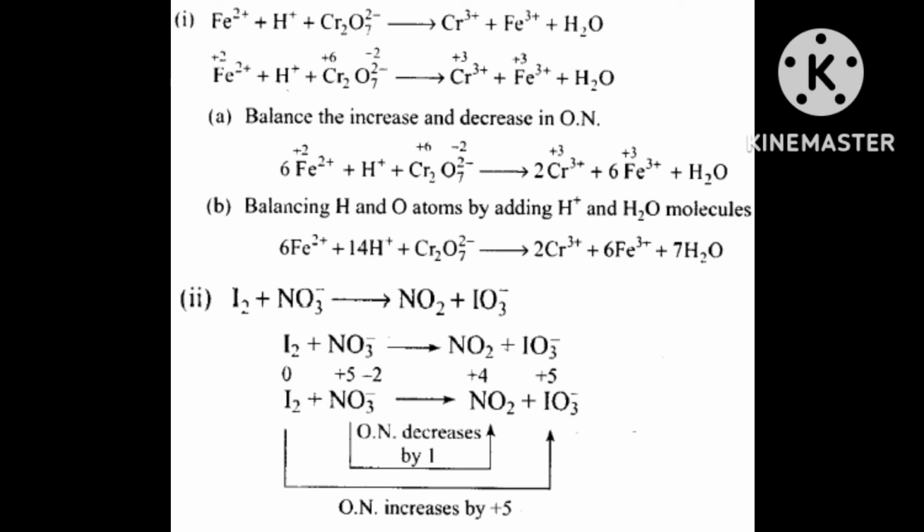Wherever the charge is more negative, on that side you add hydrogen in that number, so that the negative becomes equal on both sides.